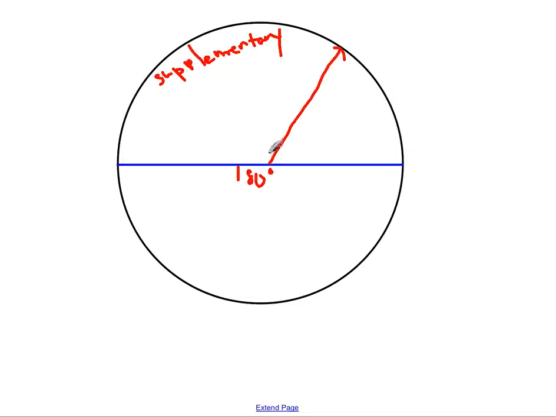Supplementary angles, when I add this angle plus this angle plus this one, together will equal 180 degrees. So they're supplementary when two angles or more equal 180 degrees. I could have three angles in here. I could have four, but they all together equal 180.